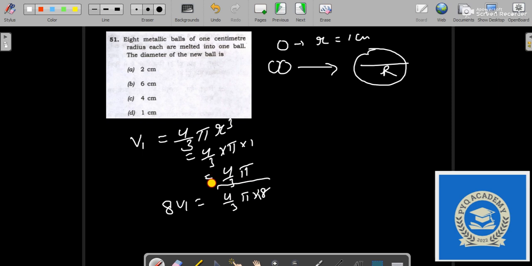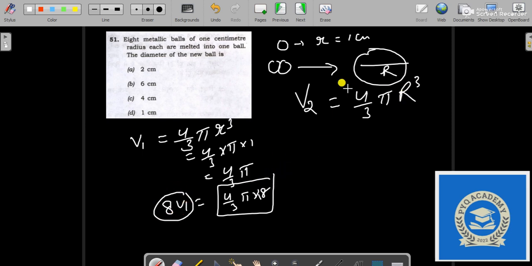Now let's calculate the volume of the larger ball. Let's say this is V2. So it will be 4 by 3 pi R cube. The volume of the 8 small balls and the one large ball will be the same. So V2 will be equal to 8 V1.